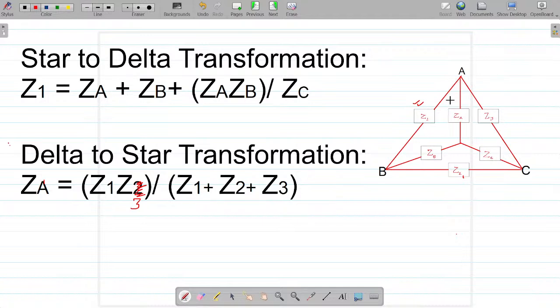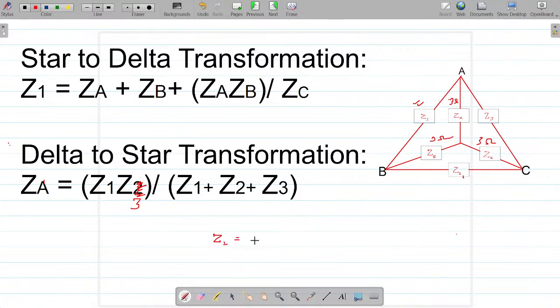Let us assume the impedance of the star network to be say 3 ohms each. It is just an example. It is identical impedance, right? Tell me what will be its delta. What would I find Z1 to be?